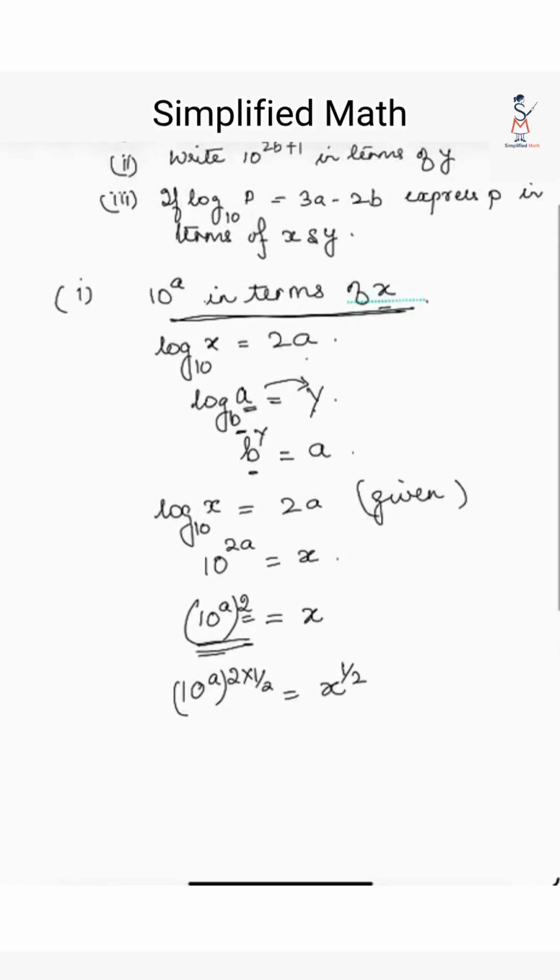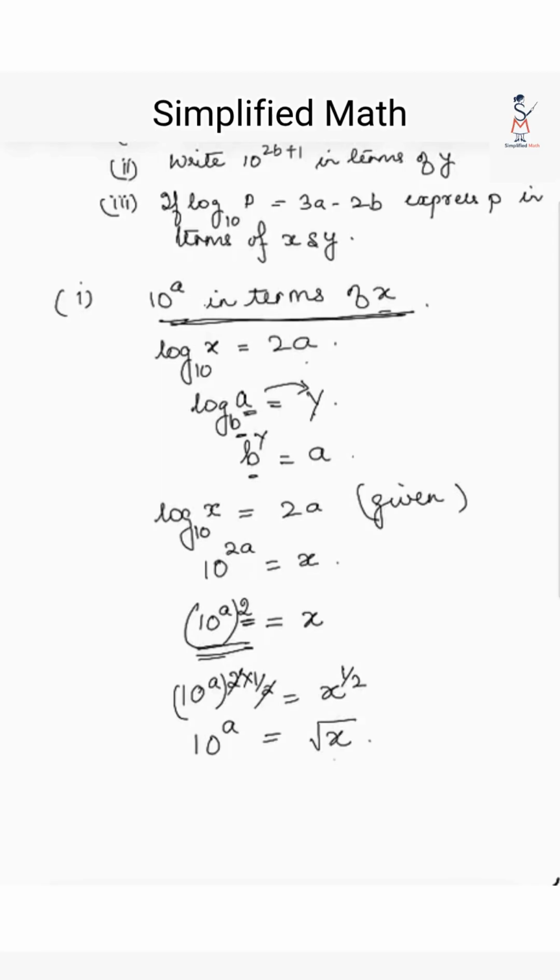Because I wanted to omit 2. I want 10 raised to the power a, and 2 will be removed only when I multiply the whole power with half. So this will become 10 raised to the power a. x raised to the power half is root x. So what is the value of 10 raised to the power a? It's root x. The first one is solved.